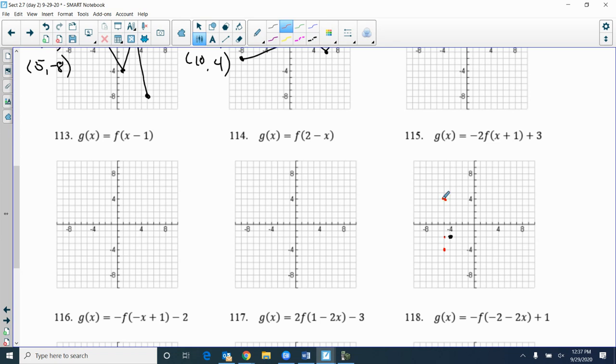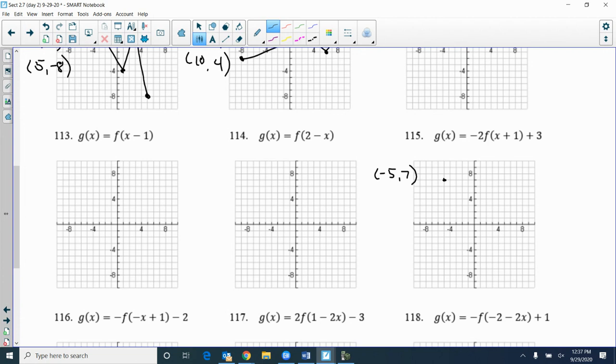Up 3. So now it ends up at -5, +7. Okay, so that's that first point.